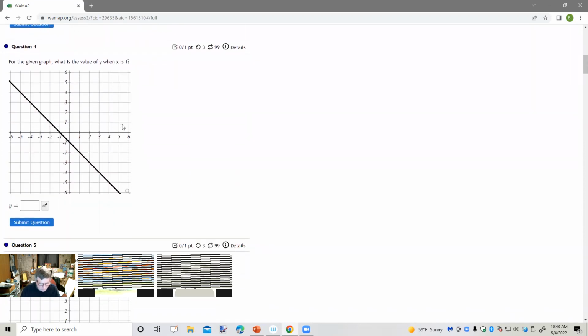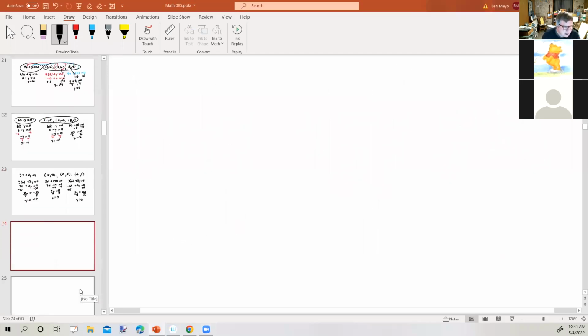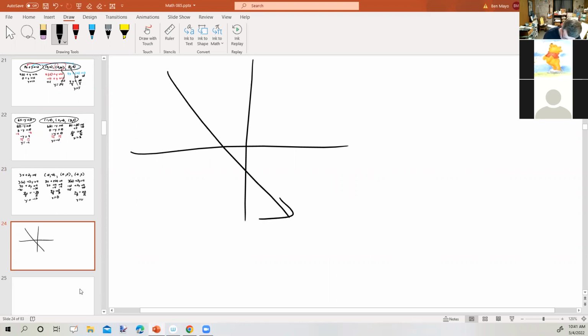Take a look at question 4. It says, for the given graph, what is the value of y when x is 1? I'm going to go back to my whiteboard screen for a minute here. So what they're saying is, and I'm just going to draw a rough sketch, we've got this graph, okay?